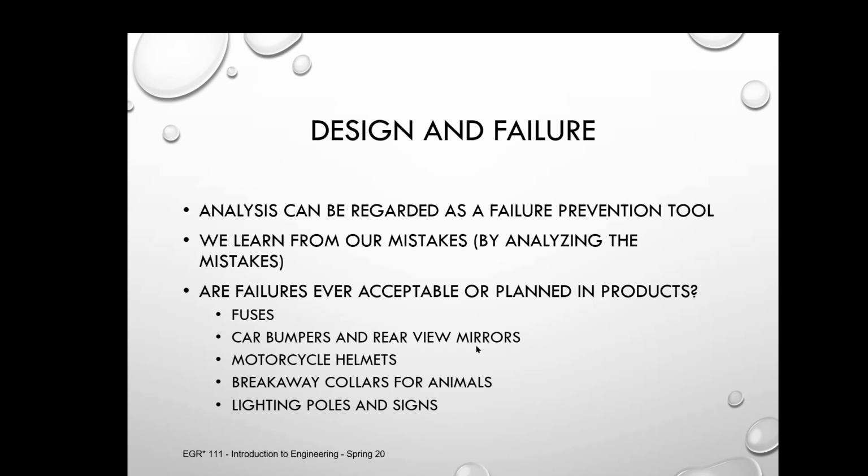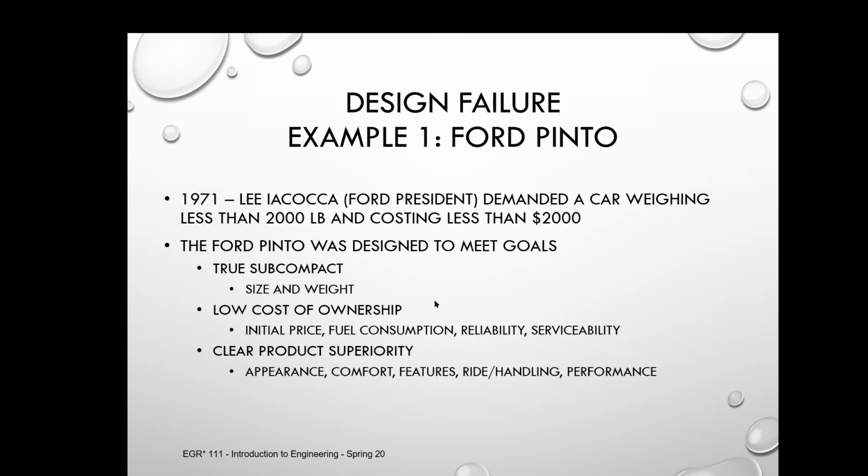Okay. All right. So here's an interesting example just to give you an idea of what kind of decisions have to be made. It has to do with the Ford Pinto, which is no longer around. Basically, here's a process. In 1971, Ford wanted a car that weighed less than 2,000 pounds and cost less than $2,000.